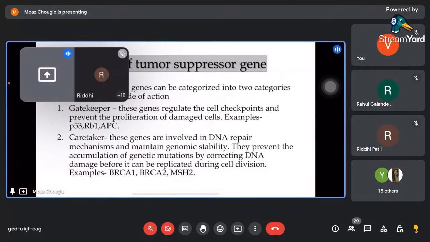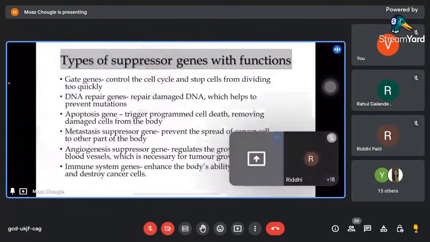They prevent the accumulation of genetic mutations by correcting DNA damage before it can be replicated during cell division. Examples of caretakers are BRCA1, BRCA2, and MSH2.